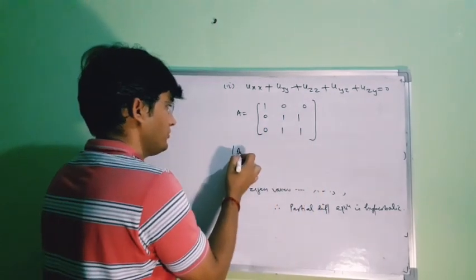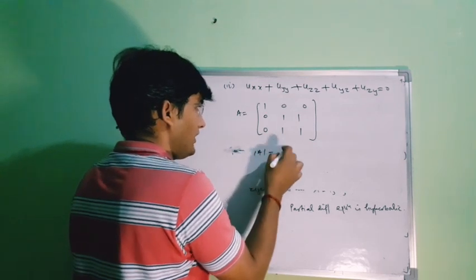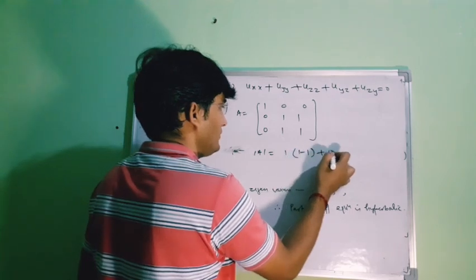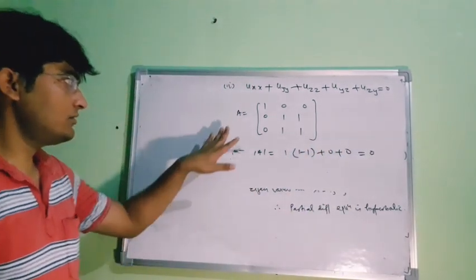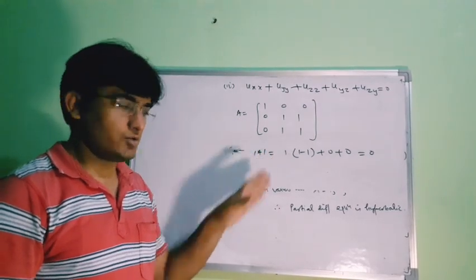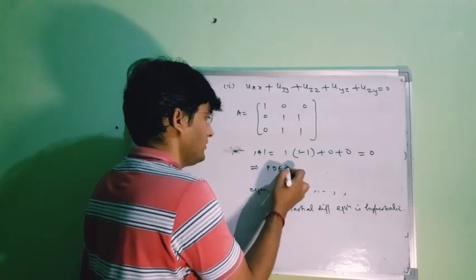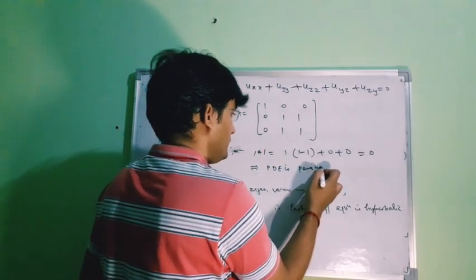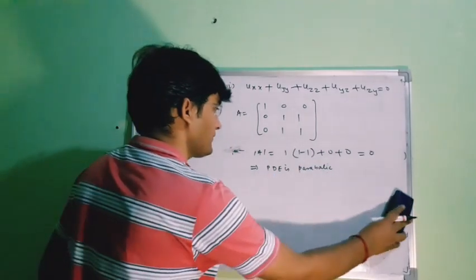Now mod of A is equal to 1 times (1 minus 1), which is 0. As the determinant of the matrix A is 0, this implies that the partial differential equation is parabolic. So the nature of the partial differential equation is parabolic.